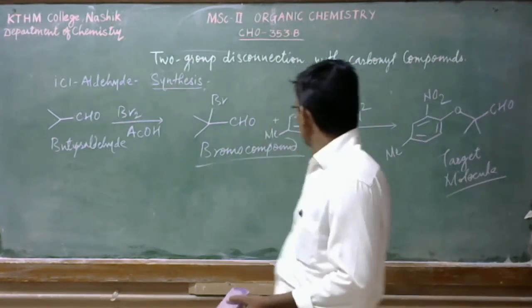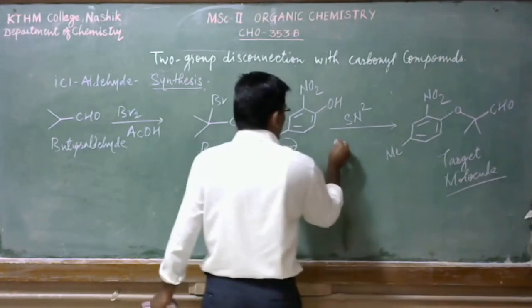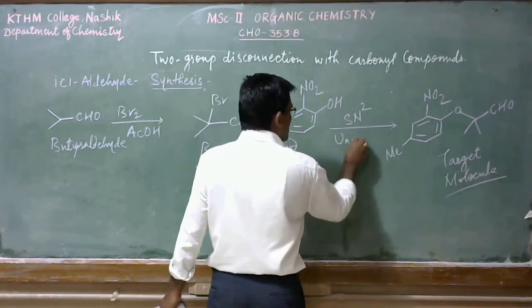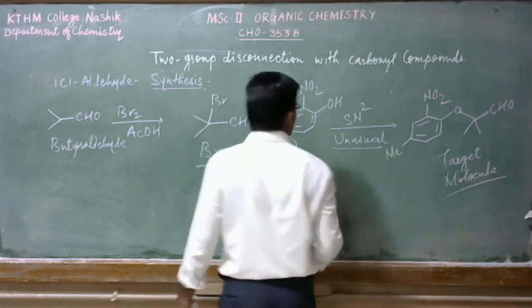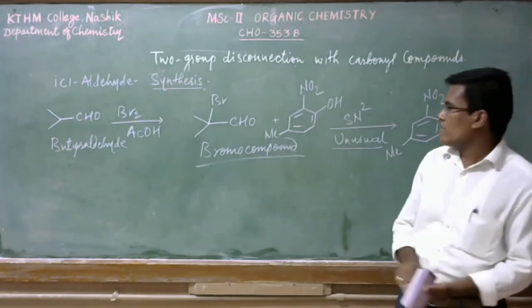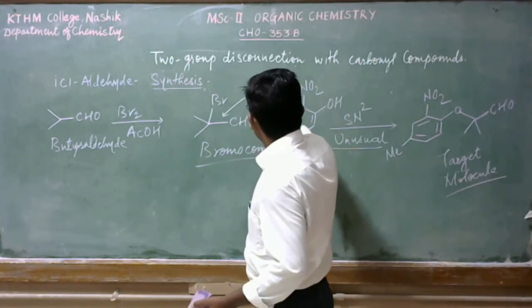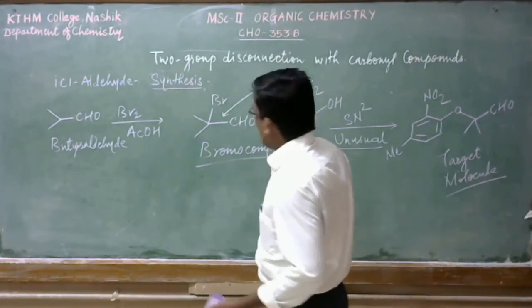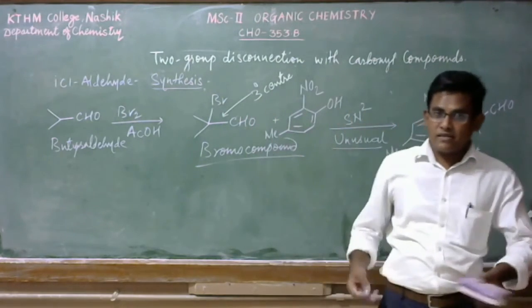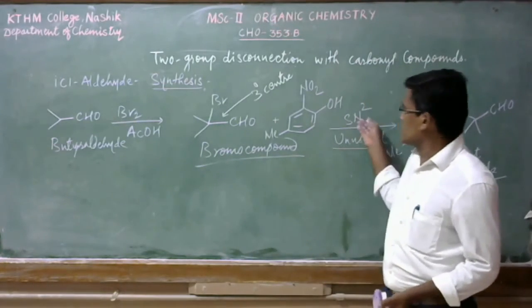Here we can observe there is an unusual SN2 reaction. Why is it so? Because this is a tertiary center, and in a tertiary center it is very hard to do an SN2 reaction.